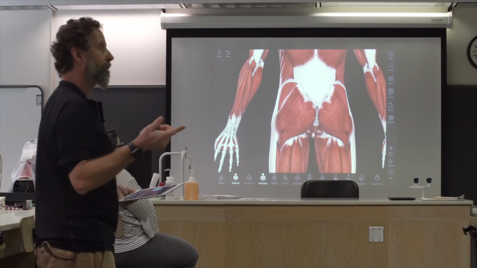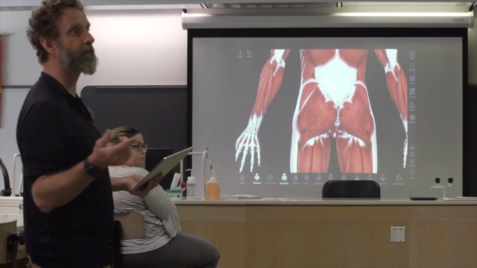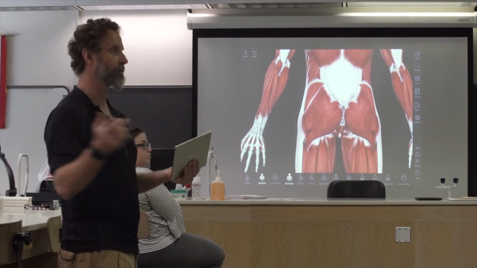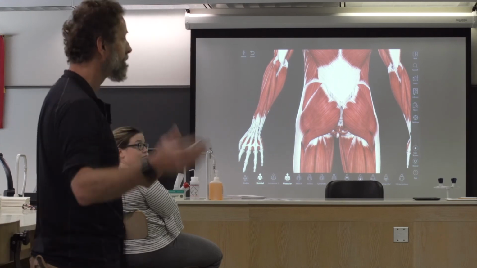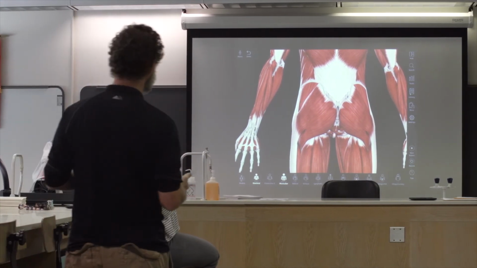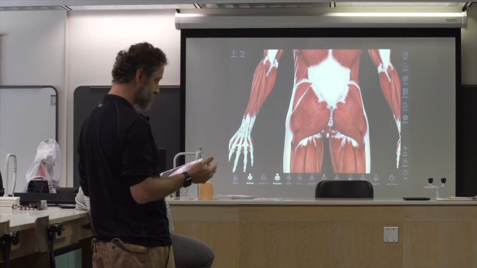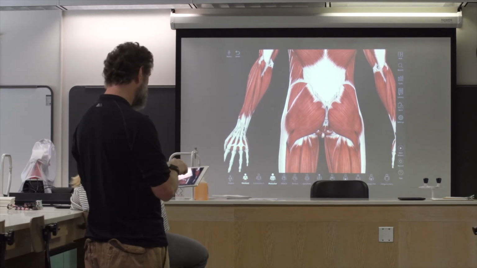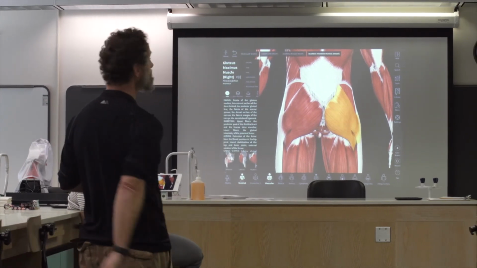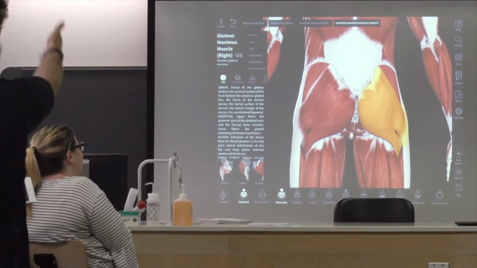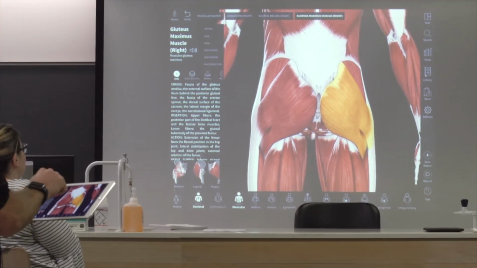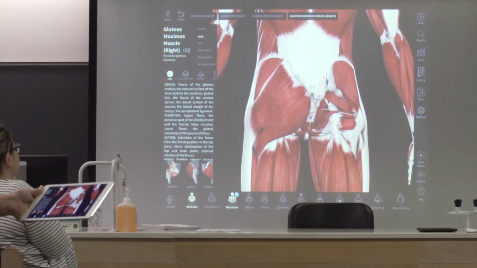The next thing is there's a condition called piriformis syndrome, which you maybe heard of, maybe haven't. Or another term called sciatica. So if I come in here, gluteus maximus tells me all about the butt muscle. I can hide it.